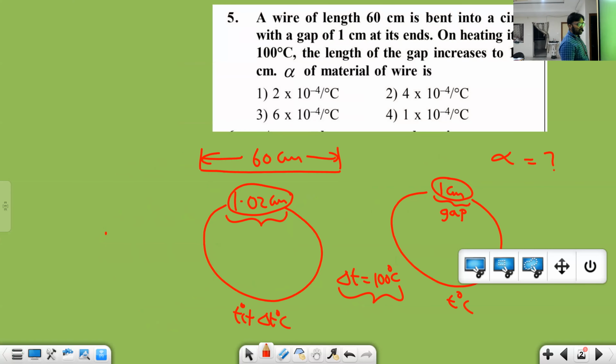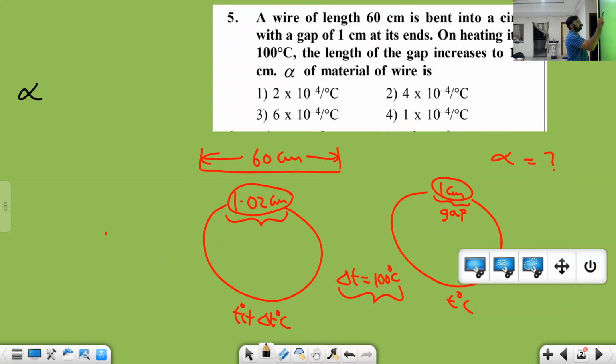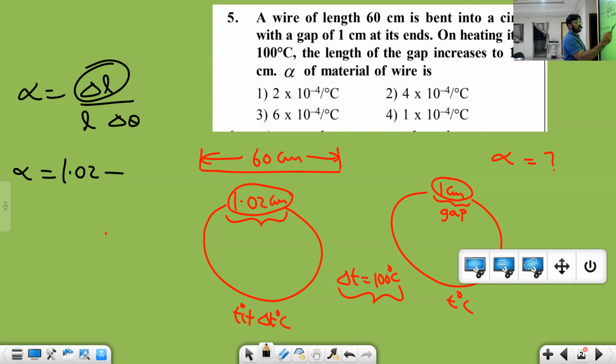So what is the general alpha formula, beta? What do you know about the alpha formula? Is it correct? So what is delta L? Delta L is nothing but the change in length. Change means final minus initial: 1.02 is the final length and 1 is the initial length.